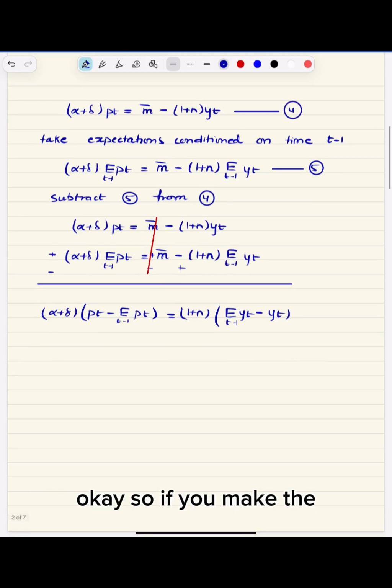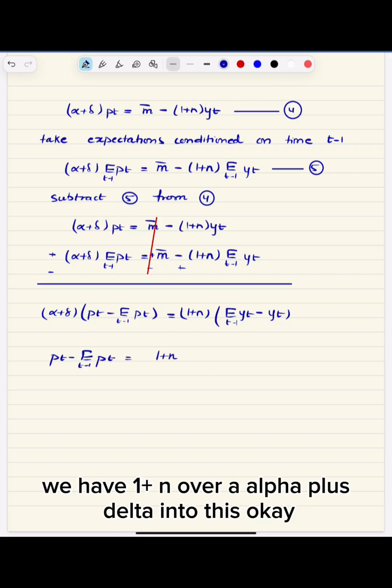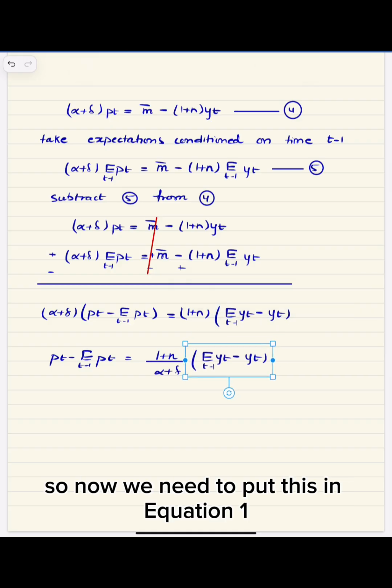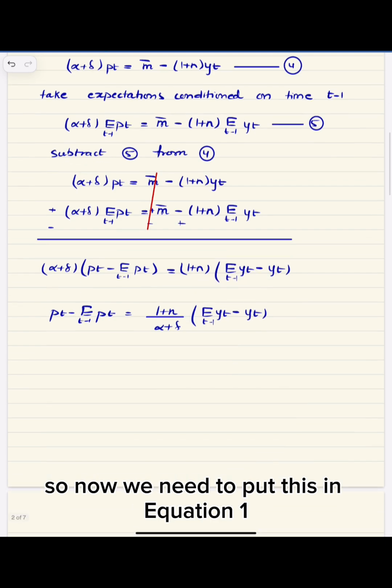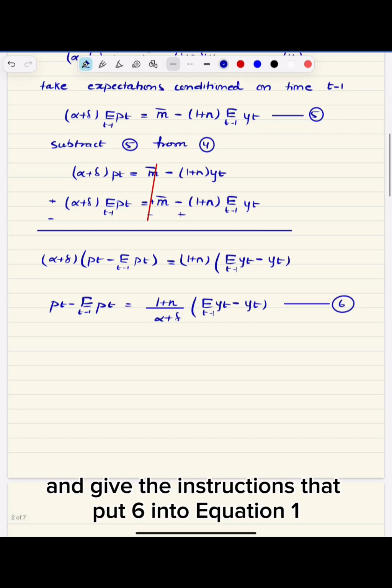Okay, so if we make the difference in the actual price and the expected, we have 1 plus n over alpha plus delta into this. Okay, so now we need to put this in equation 1. So we can just label this as equation 6 and give the instructions that put 6 into equation 1.